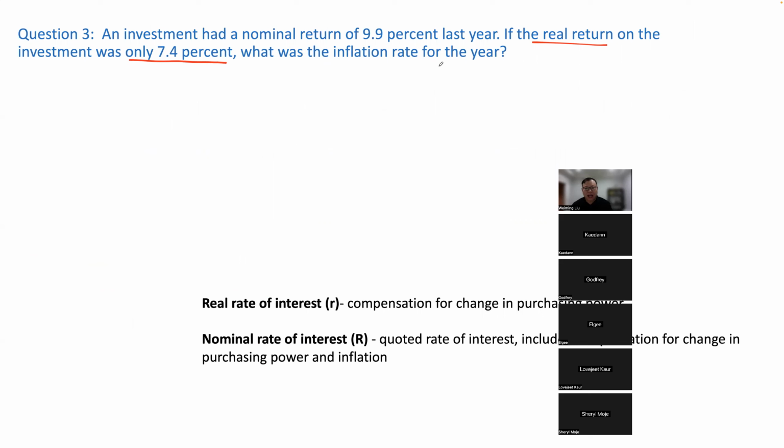So what happened is that, suppose I'm a professor, right? My salary has been frozen for the last couple of years. So basically the nominal return is 0. Every year my pay is the same, so the percentage change is 0.